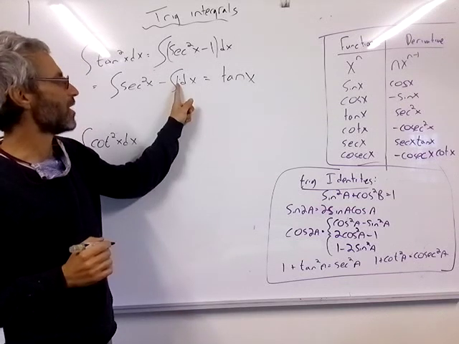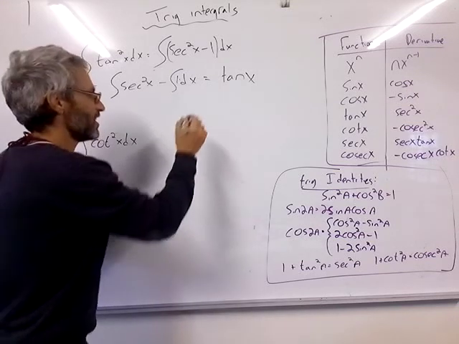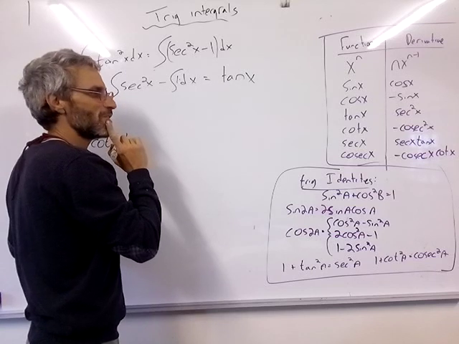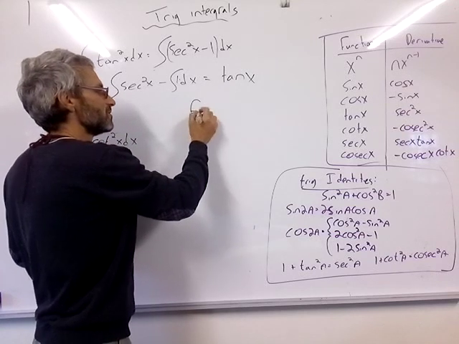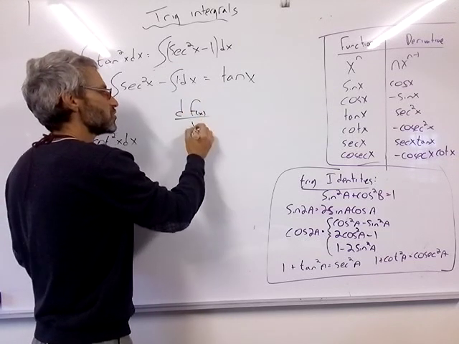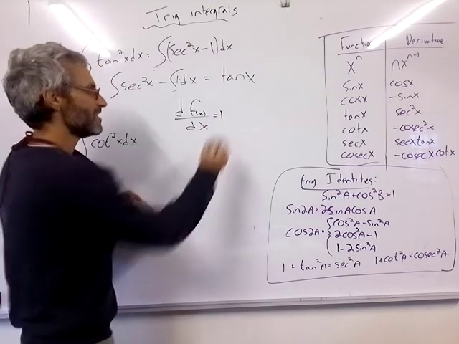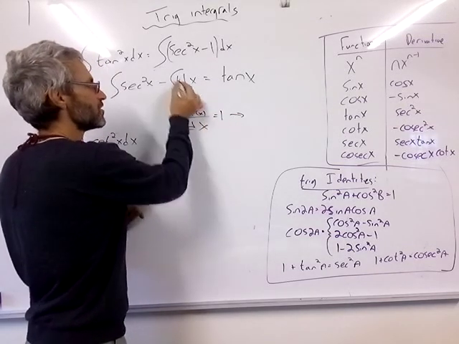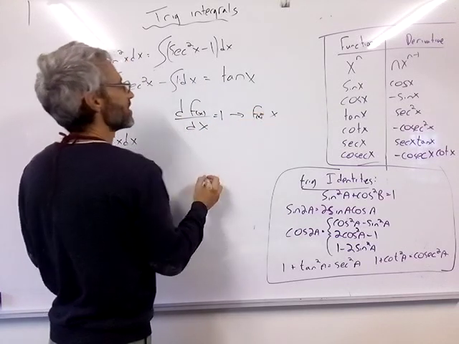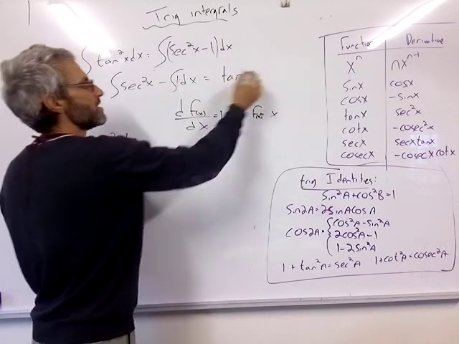What's the derivative? How should I say it? You're looking for a certain function. If I differentiate it with respect to x, I should get 1. It's x. So the derivative of this function is 1, which means that the function is simply x. So the integral of 1 is simply x.